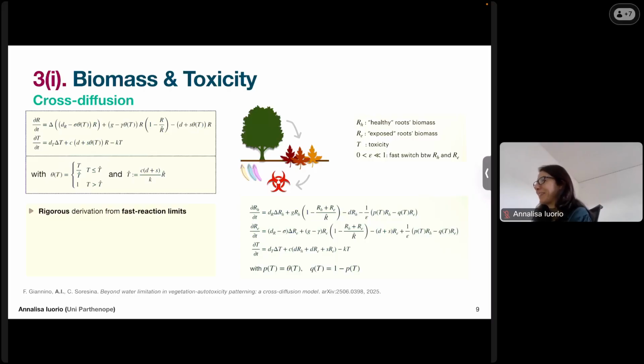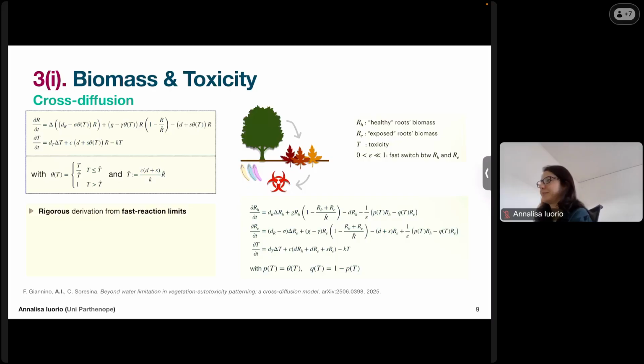Most of the models you mentioned are PDEs. So I'm curious what kind of boundary conditions are imposed there, and how the boundary conditions influence your results. The second question is, right here on page 9, there's basically no water component, just biomass and toxicity.